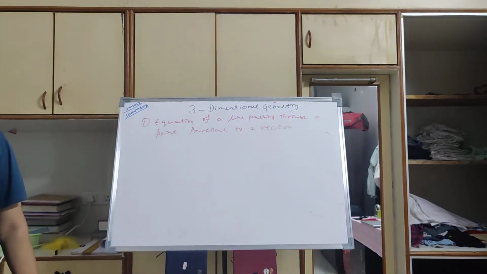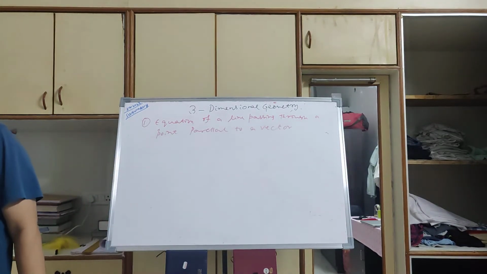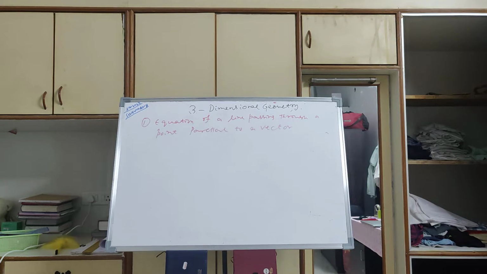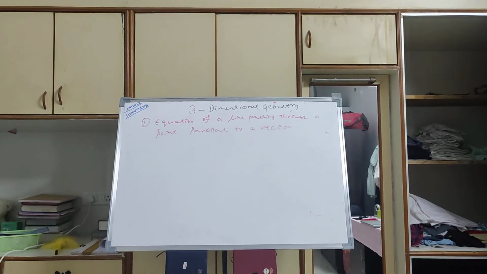If you just give a point, the line can orient in any direction. With 1 point you can never write the equation of a line. With 2 points you can write the equation of a line. But if you are given 1 point and another vector about which it is parallel, then you can write it.